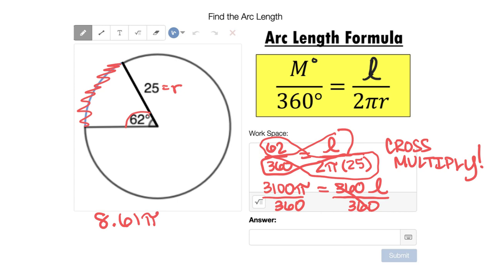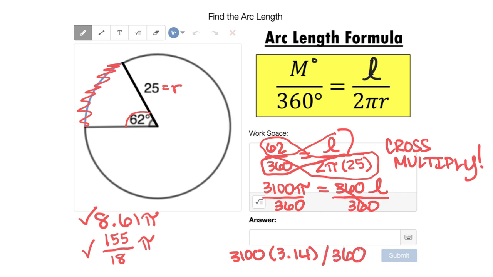Pi. You could switch that back to a fraction. Okay, that'd be 155 over 18 pi. So this is a good answer. But if I want it rounded, what I would do is type in 3,100 times 3.14 divided by 360. I would type it in exactly like that.